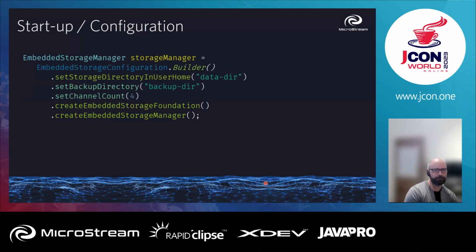So you just have a configuration builder, set your properties, channel count 4, backup directory, and from the configuration on you can create your foundation and finally your storage manager, and you're good to go. This configuration also supports external files like XML, JSON, YAML, whatever you're using, and you can load the configuration from there.